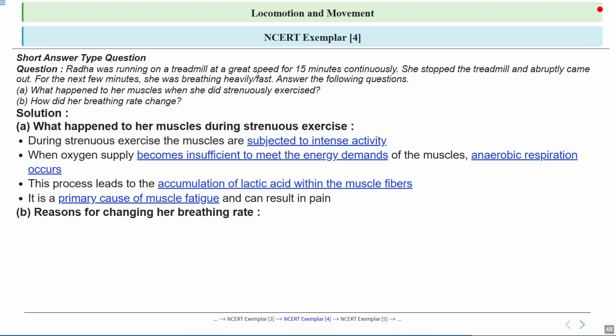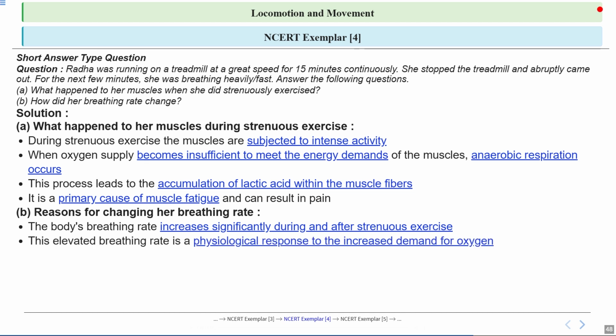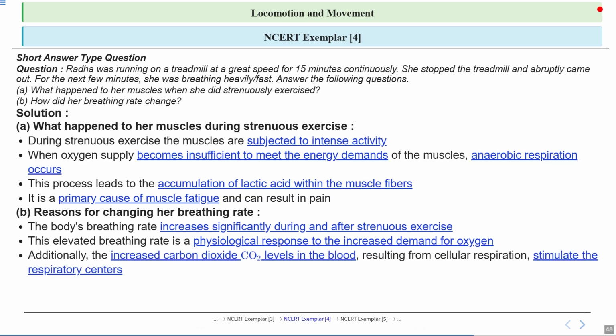Let's see the second condition, reasons for changing her breathing rate. The body's breathing rate increases significantly during and after strenuous exercise. This elevated breathing is the physiological response to the increased demand for oxygen. This is very important.